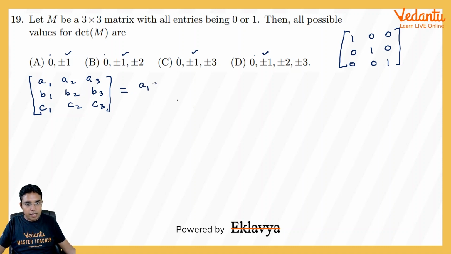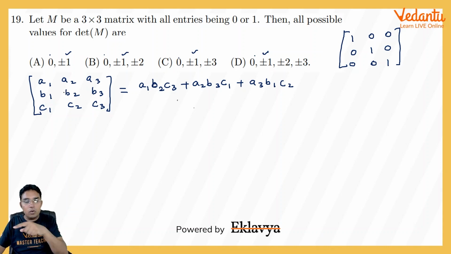So we can write A1, B2, C3 plus A2, B3, C1 plus A3, B1, C2. There is a direct method, or you can expand along any rows or column.